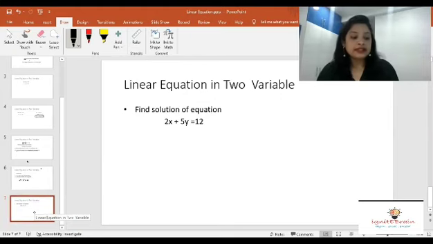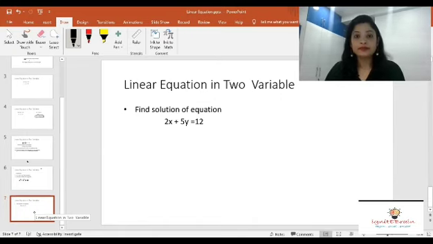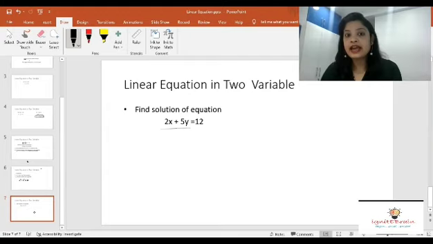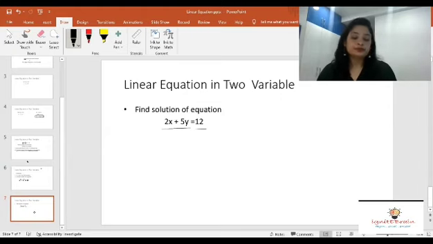So we have to find a pair of values which satisfies this equation, where this is the left hand side and this is the right hand side, as we have learned previously. So let's try out values for x and y which satisfy this equation.